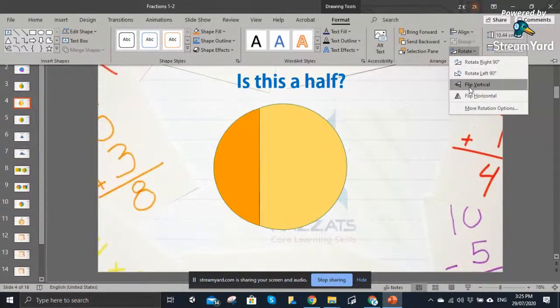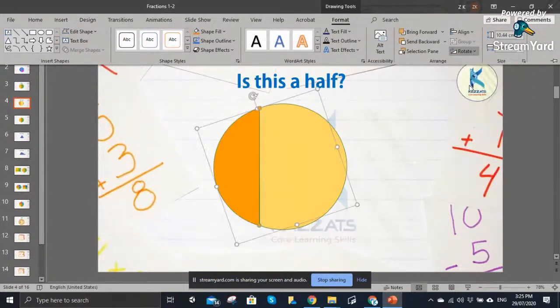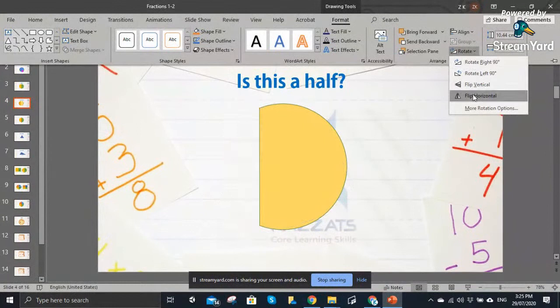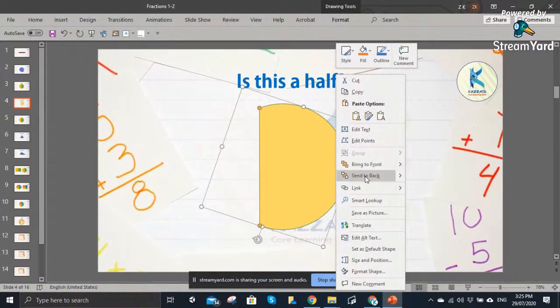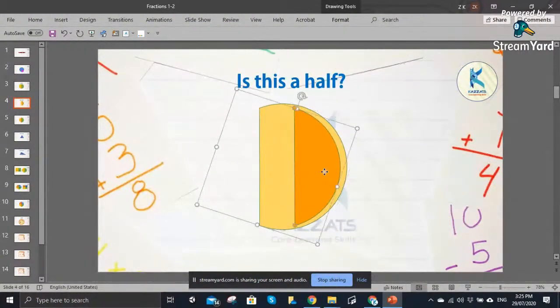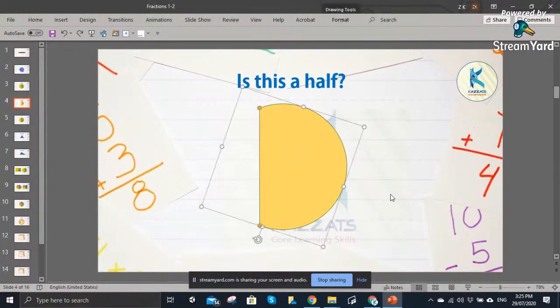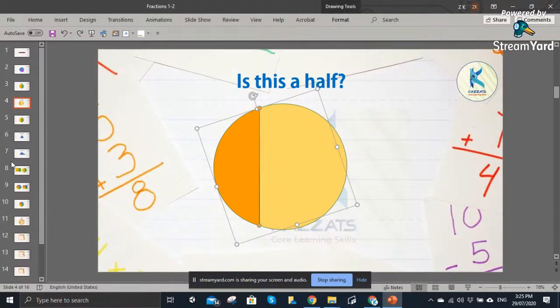If I rotate it 180 degrees or flip it, okay, let's see, and shift this to back. Can you see this? This shape is smaller than this shape. So we cannot say that this is a half. Okay, let's move on to the next shape.